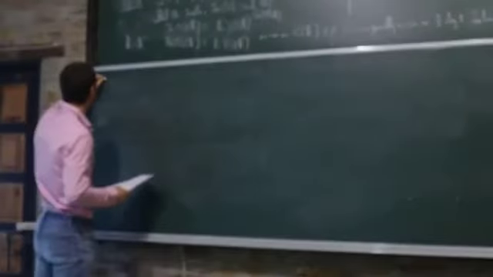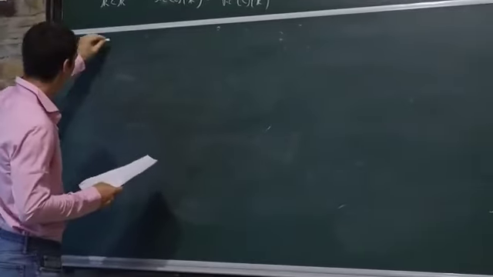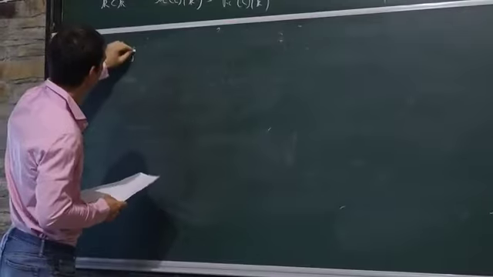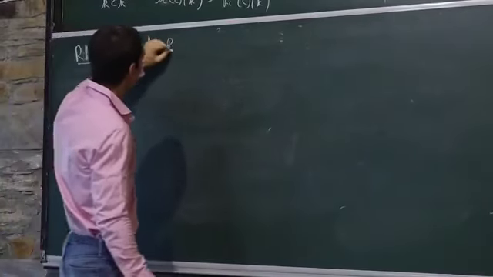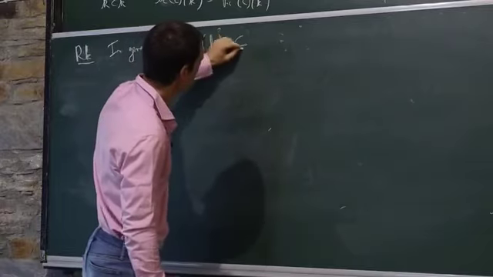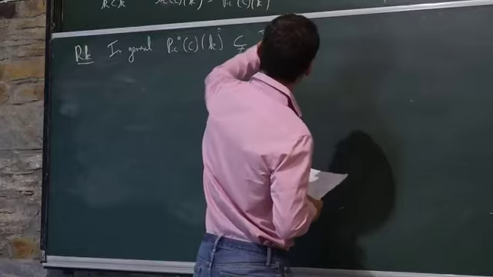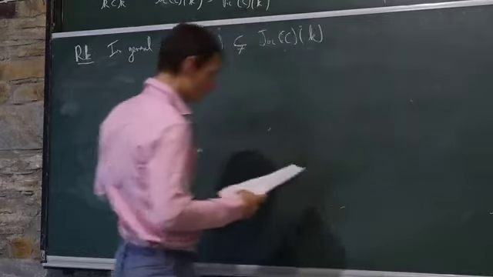So still as a remark, in general, Pic^0(C)(K) can be smaller than Jac C(K). And I'm going to give you an example.